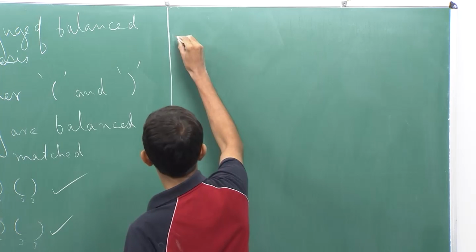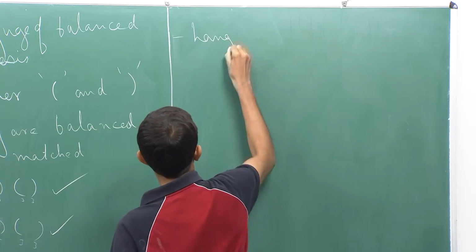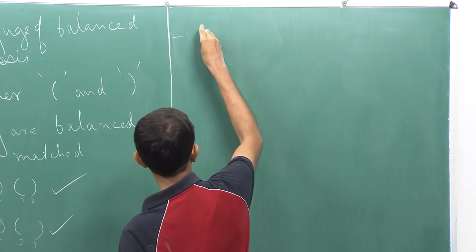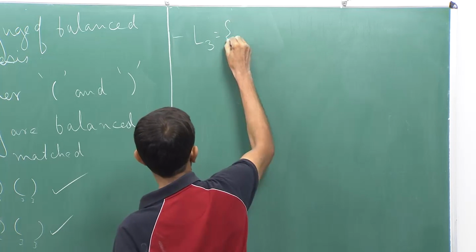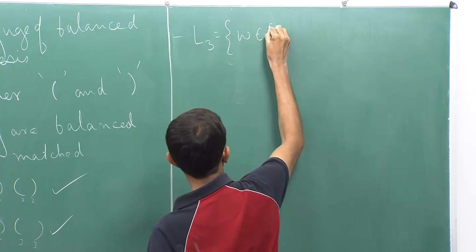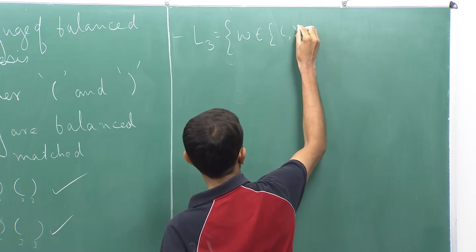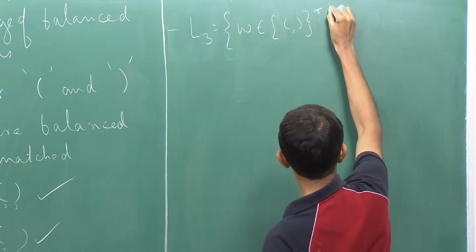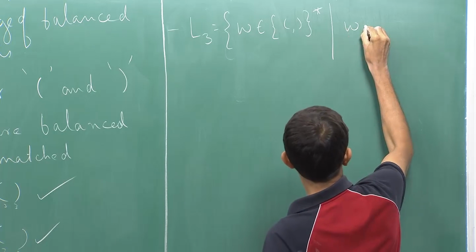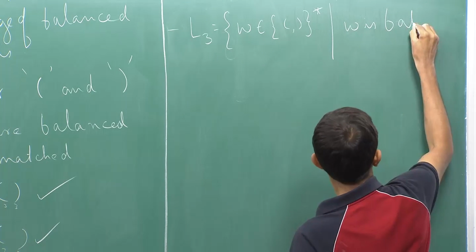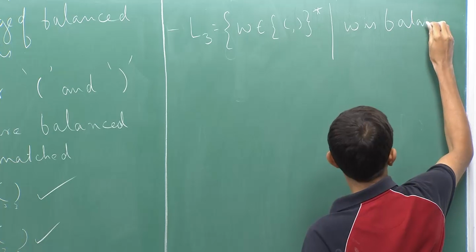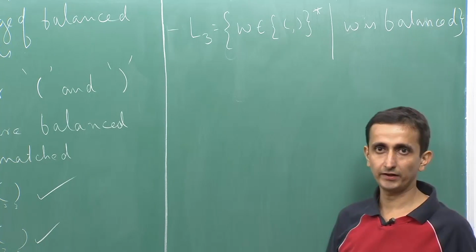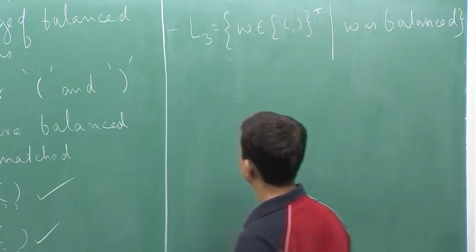Okay. So, formally, the language, let us call it L3, is the set of all strings over these parentheses such that W is balanced. Okay. So, how do I write a grammar for this?